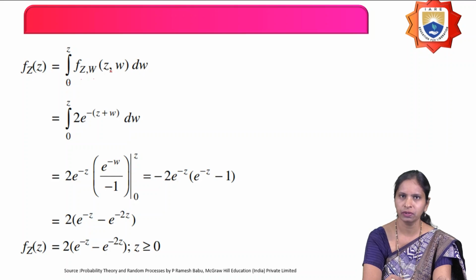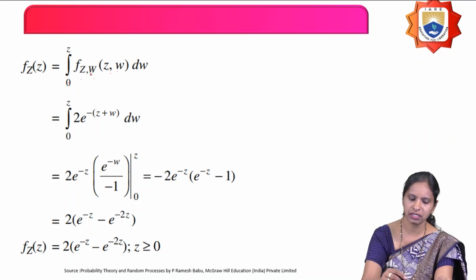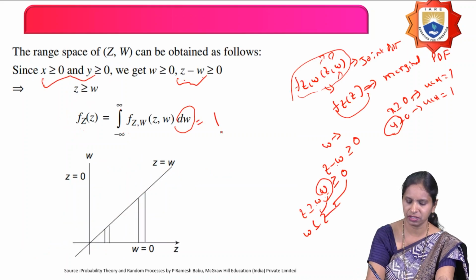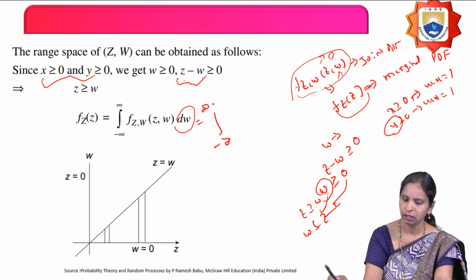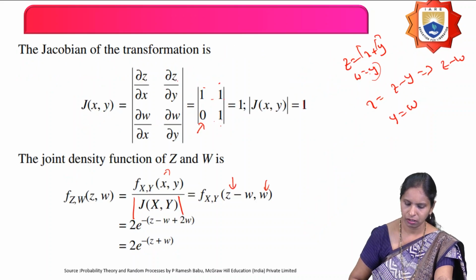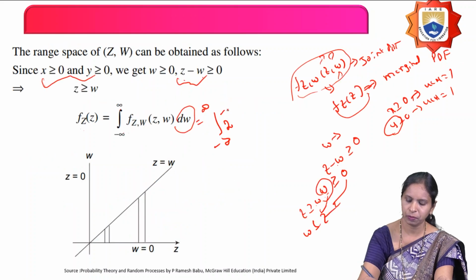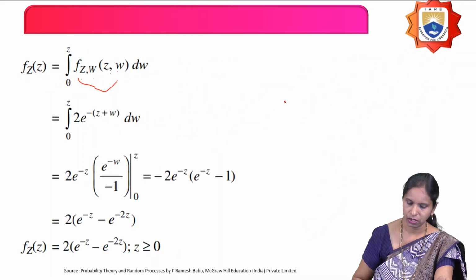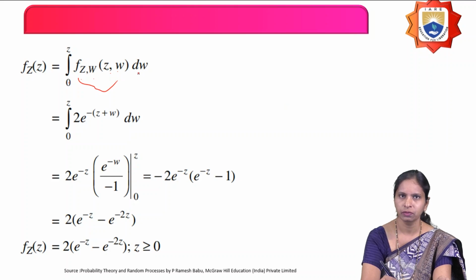So the integral is from 0 to z of f_ZW(z, w) dw. What is the density function in this range? It is 2 times e to the power minus (z minus w), times u(z) times u(w) dw.